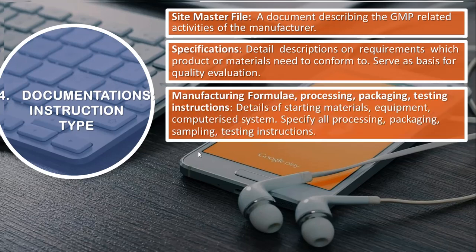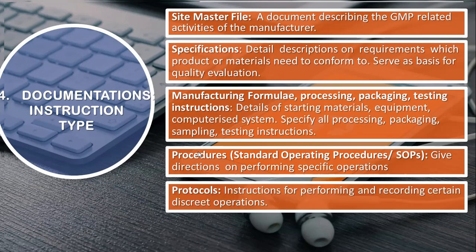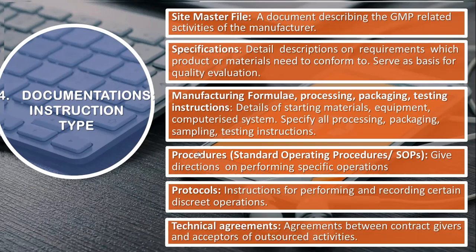Manufacturing formula, processing, packaging and testing: the detailed instructions of the elements. The SOPs, which give directions on performing a specific task. The protocols, instructions for performing and recording discrete operations. Technical agreement, the contract between contract givers and acceptors.